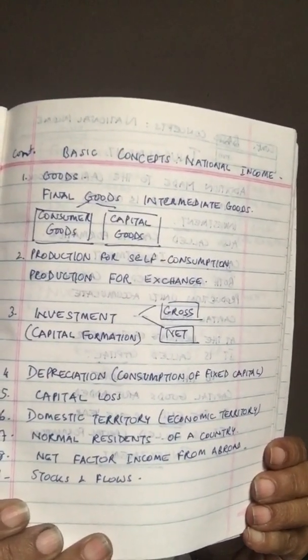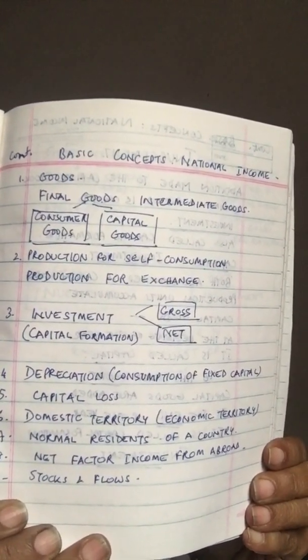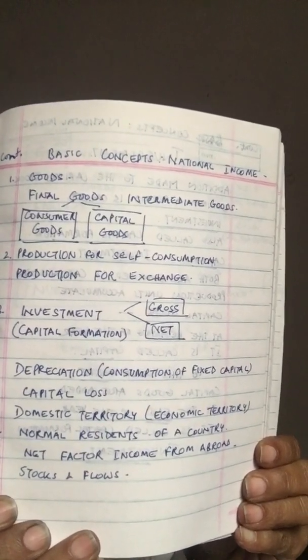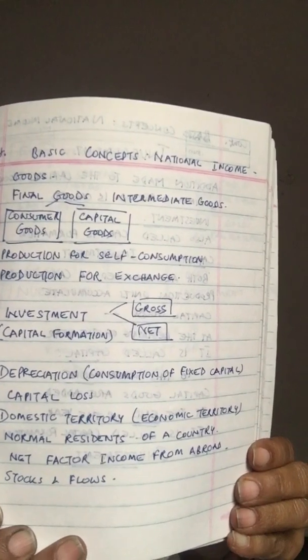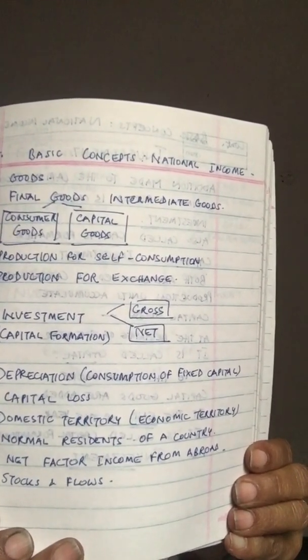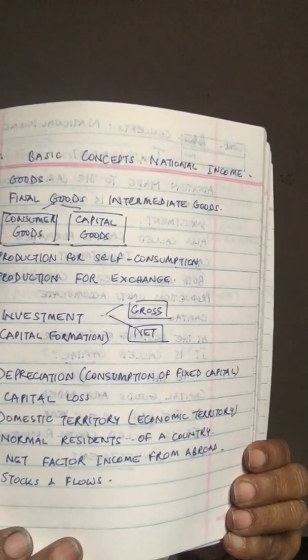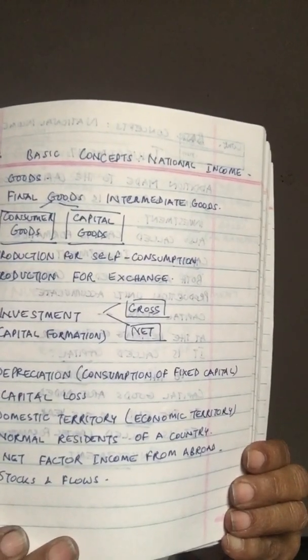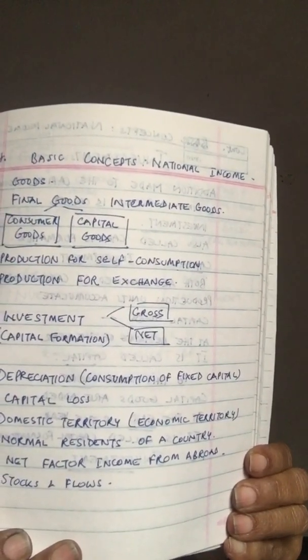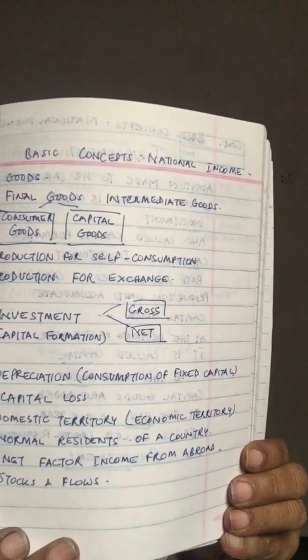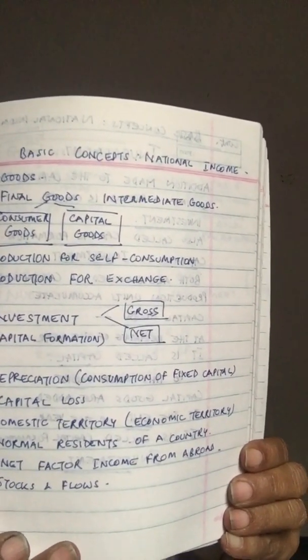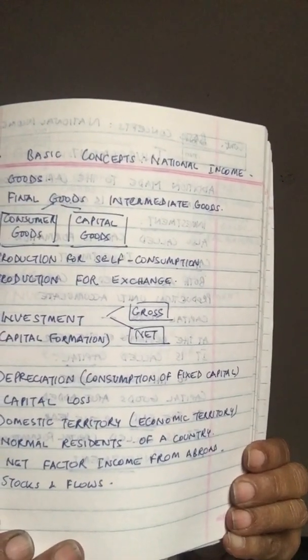Then we're going to talk about the domestic territory of a country which is beyond its political frontiers. So, for example, if an Air India plane lands up in London Heathrow, it is in the domestic territory of India. So something like that. It's very interesting, and we will be doing that later. Then we have what is known as a normal resident of a country.